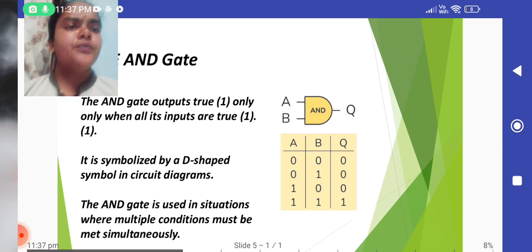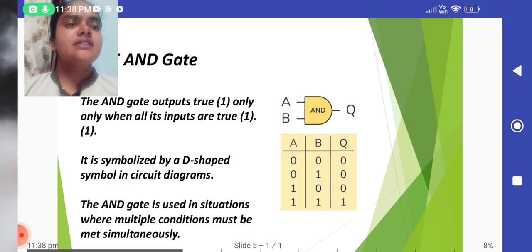If we give both inputs 0 0, the output is 0. If one input is 0 and the other input is 1, the output is 0. If both inputs are 1, the output is 1.